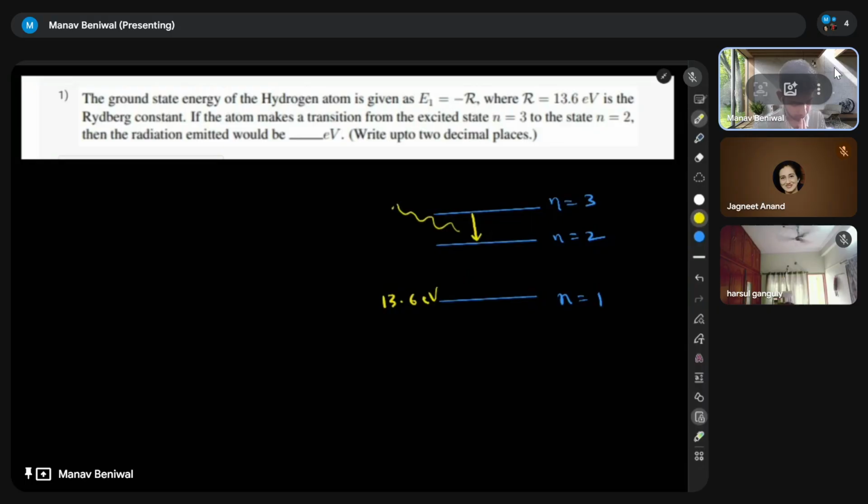This will emit a photon, and we are asked about its energy, h nu.